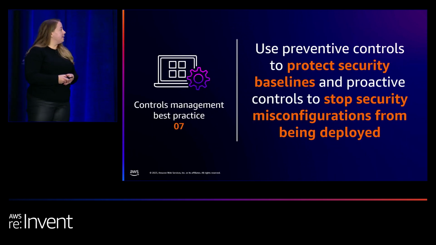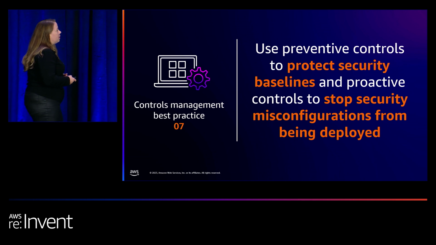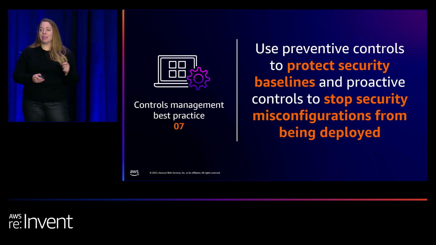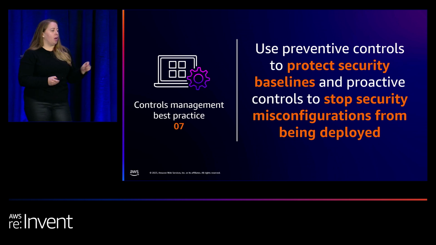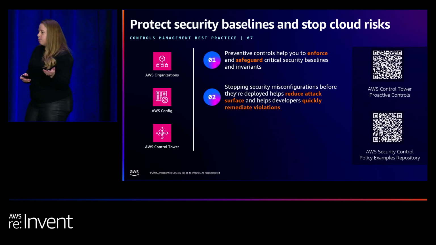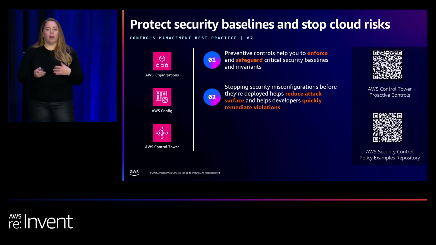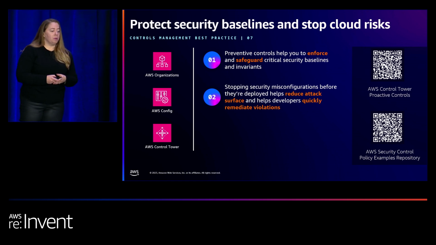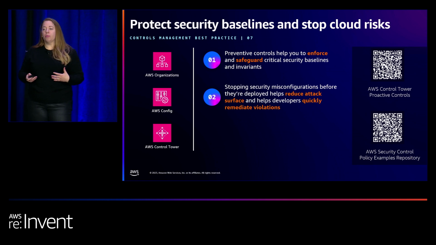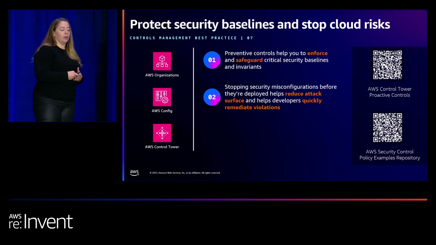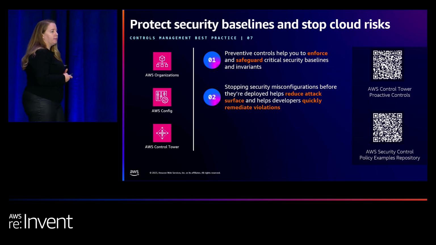Controls management best practice number 7 is to use proactive and preventive controls to protect security baselines and stop misconfigurations from being deployed. Detective checks are great and there is some auto remediation available, but it's best not to have to remediate something in the first place. So preventive controls help to enforce and safeguard critical security baselines and invariants.